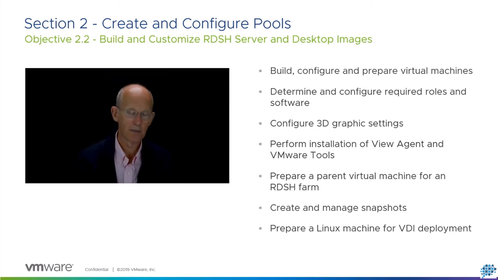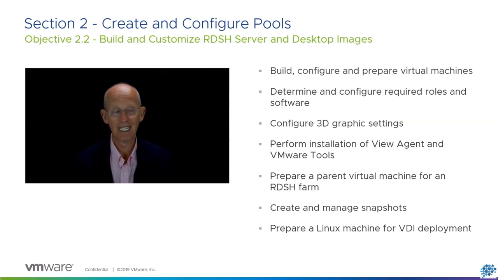Snapshots play a part in this. And also you could be asked to deploy Linux machines in your VDI deployment. So it's a good idea to understand how to install the various components from Horizon View into Linux, and then see the part that these play.